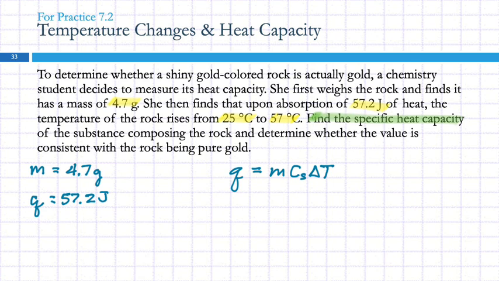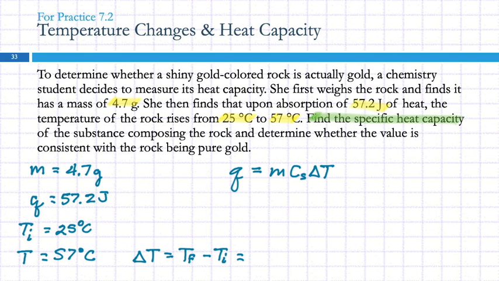And then we've got two temperatures, right? We have 25 degrees Celsius, and we've got 57 degrees Celsius. Well, looking at the equation, this has delta T. So delta T is going to be the final temperature minus the initial. So which one of these is the initial temperature? 25.